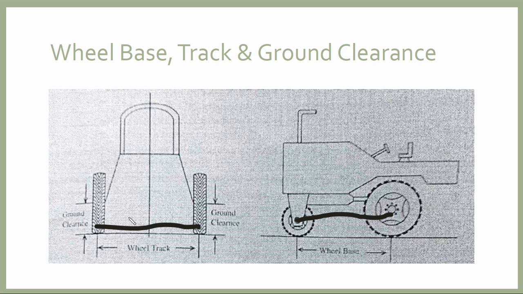And the ground clearance means the vertical distance from the lower portion of the vehicle to the road surface. This distance is called the ground clearance. So in a vehicle, these three dimensions take an important role: the wheelbase, wheel track, and the ground clearance.